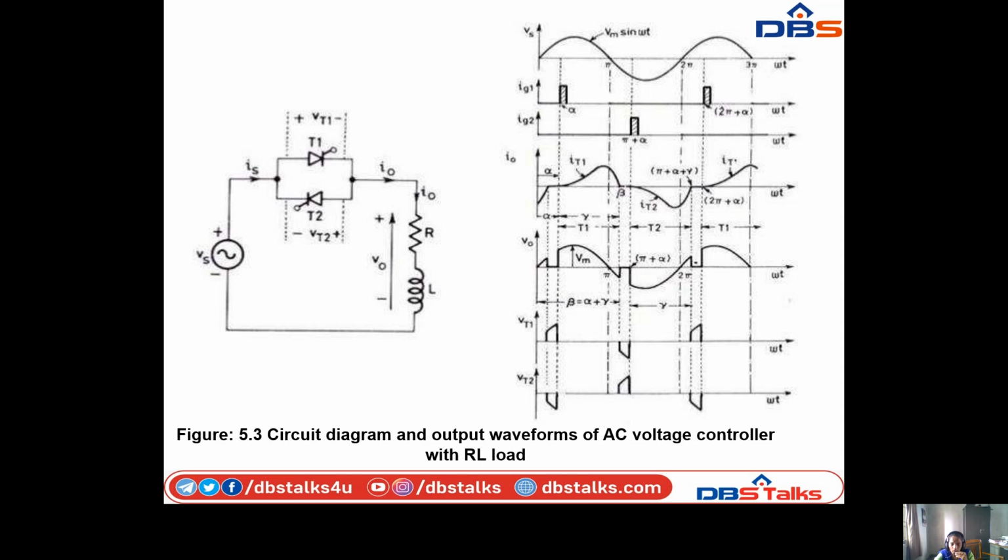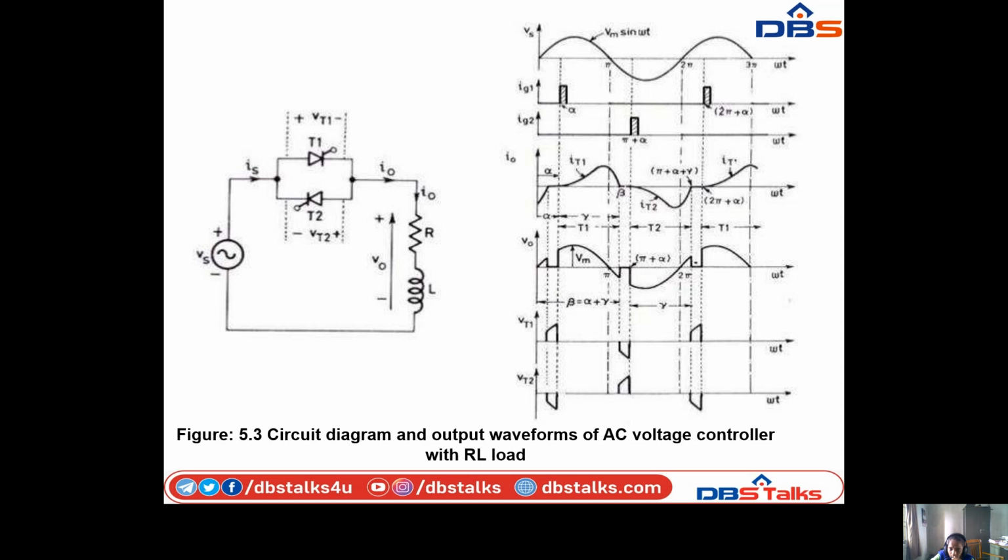Before starting a thyristor, there is some voltage in the thyristor because of the inductor, and it will conduct from alpha to beta, and slightly it will come to 0, and again thyristor T2 will start, and the output voltage increases in the negative direction from pi plus alpha to gamma. Okay, and again T1 will start. Here beta equals alpha plus gamma. Here gamma will be the overlap angle.